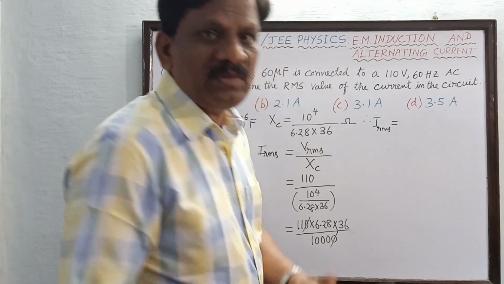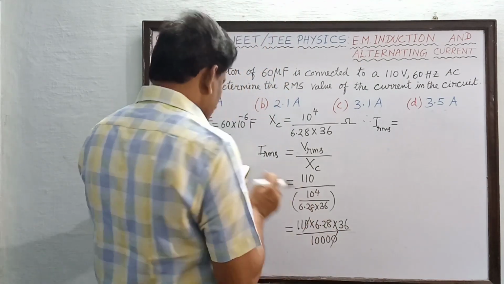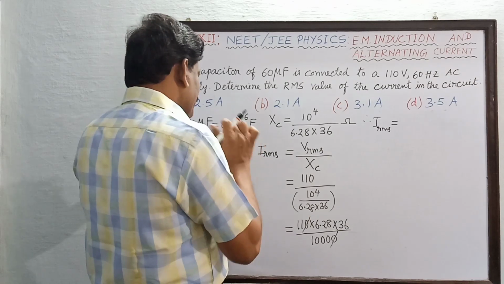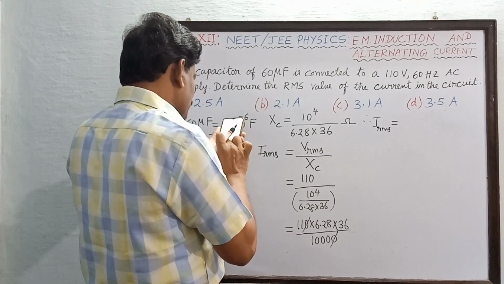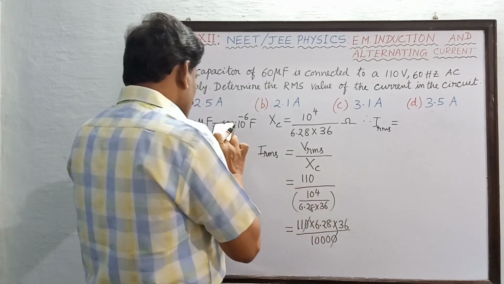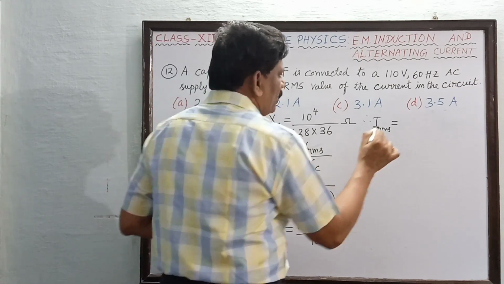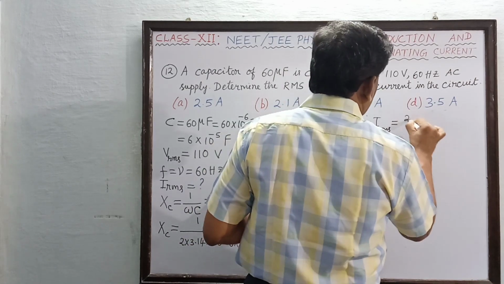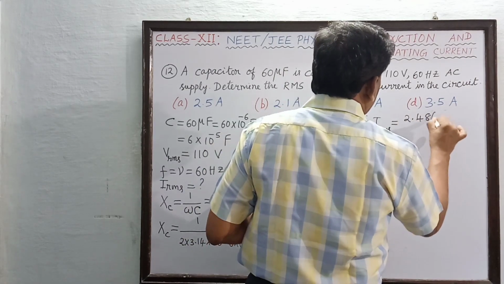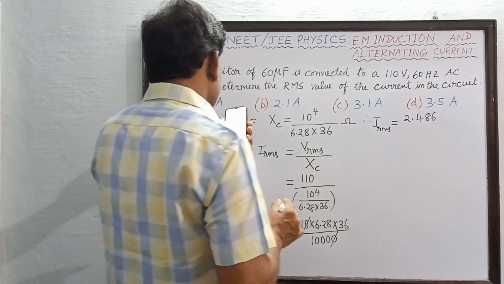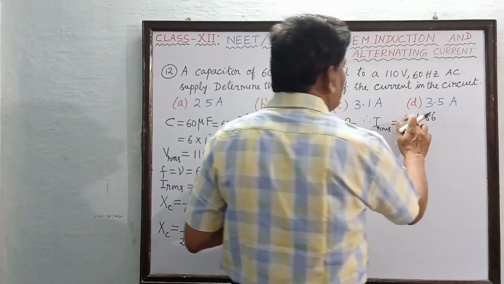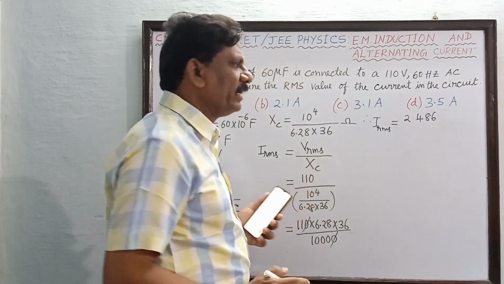I am going to use the calculator now. So 11 multiplied by 6.28 multiplied by 36. I find that the answer is 2.486 into 10 power 3 is coming, so I will write 2486 itself.